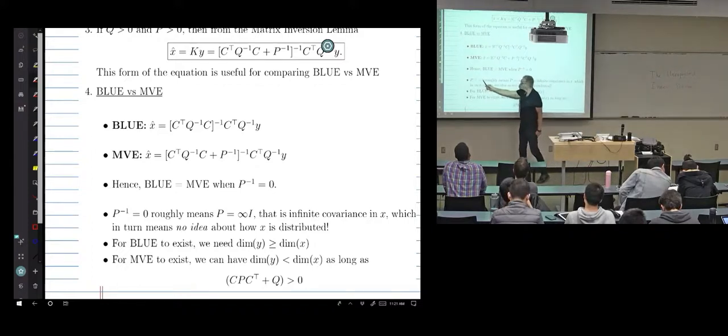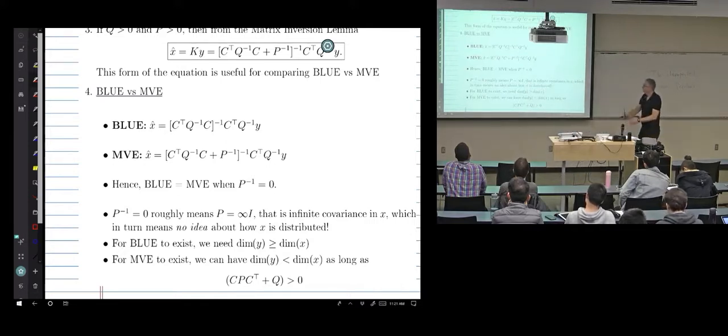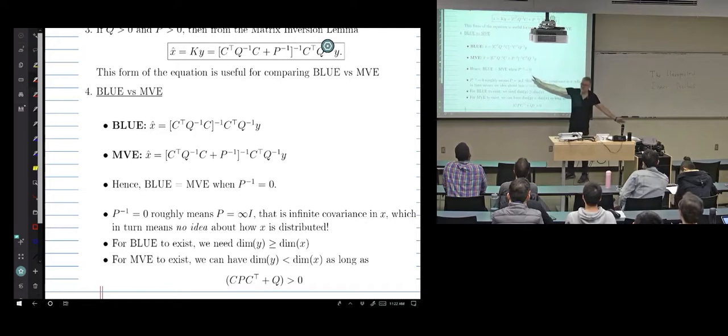If the inverse is 0, you can think of P as being like infinity times the identity, because 1 over infinity is 0. Okay? When you do BLUE, best linear unbiased estimator, what you're telling yourself is you have no a priori idea about how X is distributed. It can be anywhere. Its mean is 0, but it's equally likely to be close as to be far away. Okay?